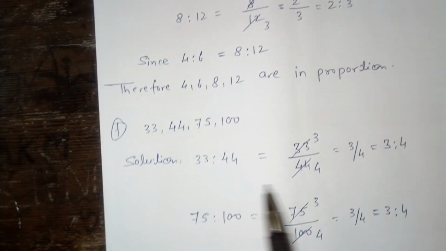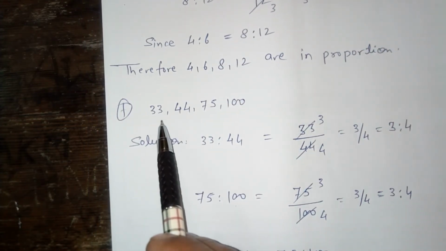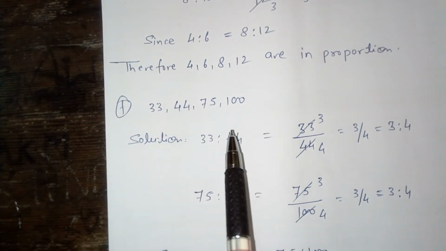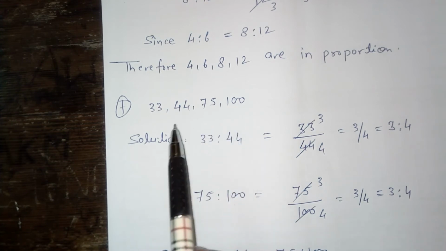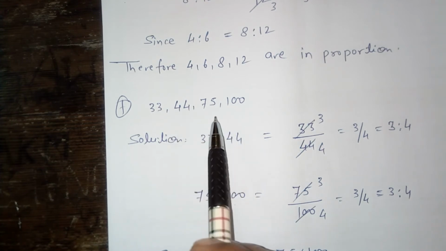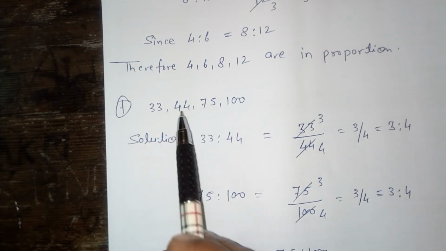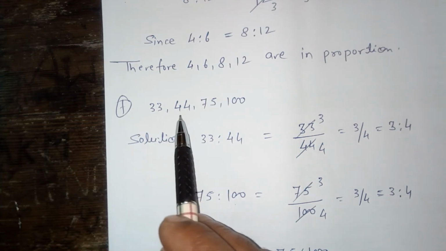Okay, now again you have one more question, 33, 44, 75, 100. We will find out the given four numbers are in proportion or not. So what we will do, we will find out the ratio of first and second number. First number is 33, second number is 44.